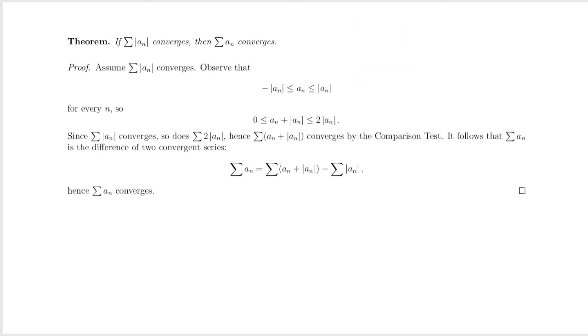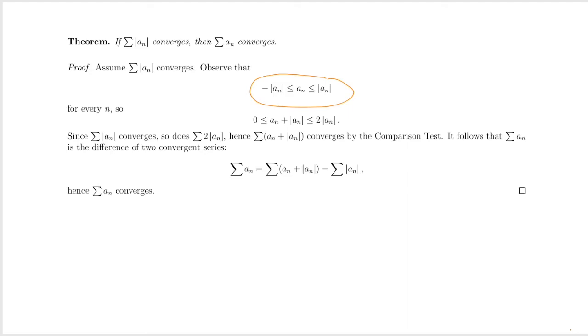All right, let's look at a quick proof of this theorem. So suppose we have some series and we know that the sum of the absolute value of the terms converges. This observation right here is true for any number. Imagine a sub n is negative 7. Well, negative 7 is certainly less than or equal to the absolute value of negative 7, which is positive 7, and it's certainly greater than or equal to the negative absolute value of negative 7, which is negative 7.